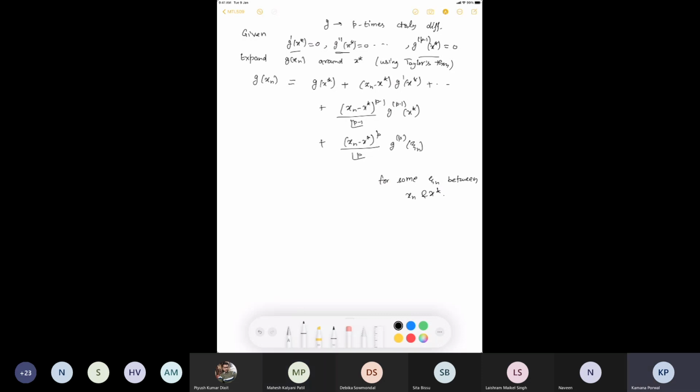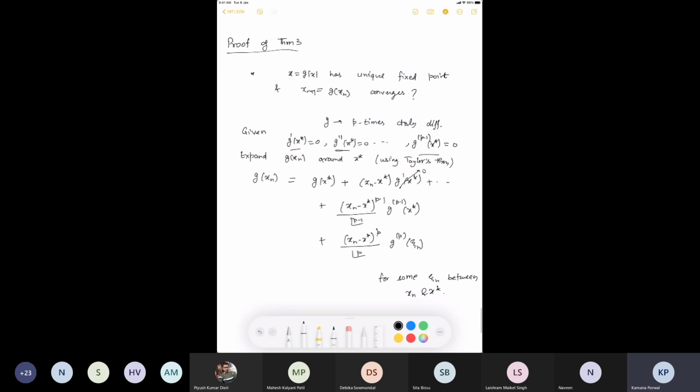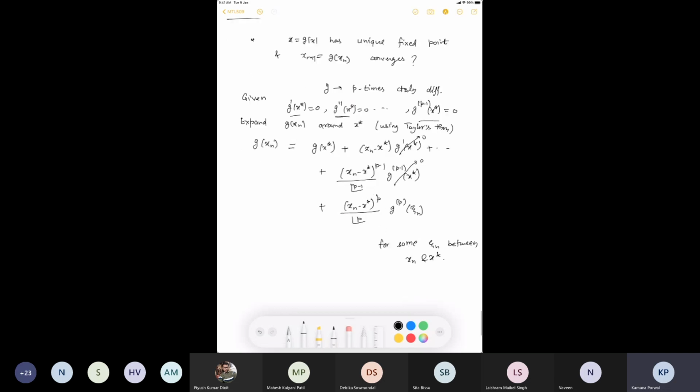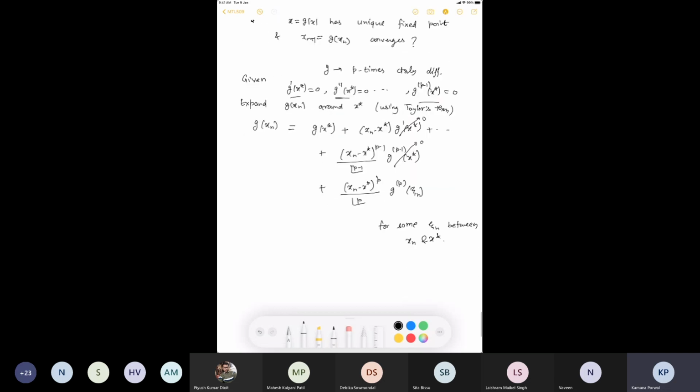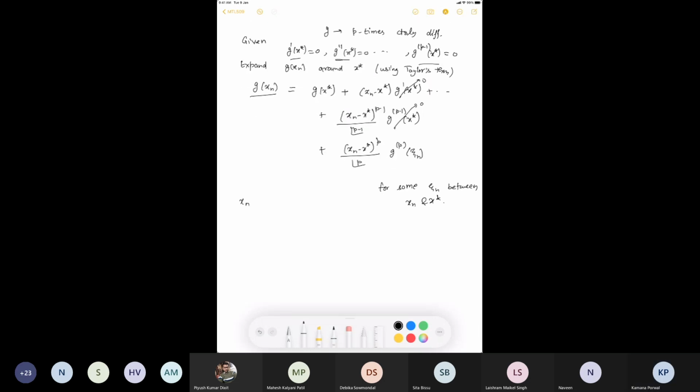Okay. So now we already know that these terms are 0. All the terms up to the order p minus 1 with derivative of g evaluated at x star are 0. And what is g of xn? In the fixed point iteration method, it is nothing but xn plus 1. Right? And what is g of x star? It is x star.